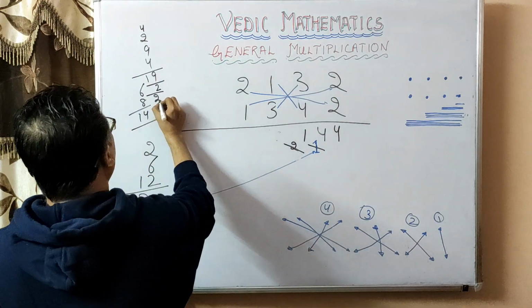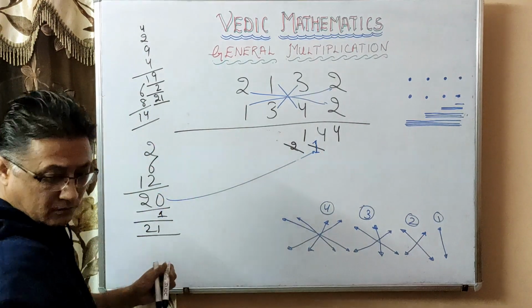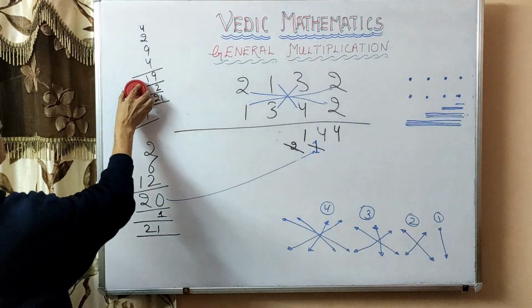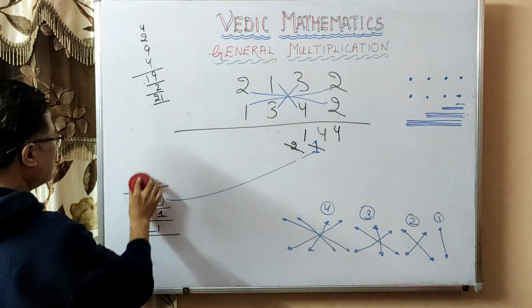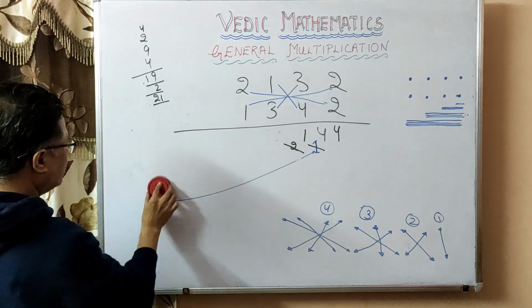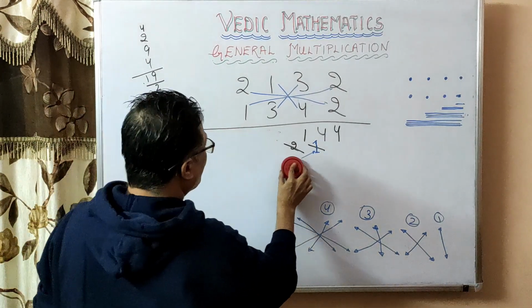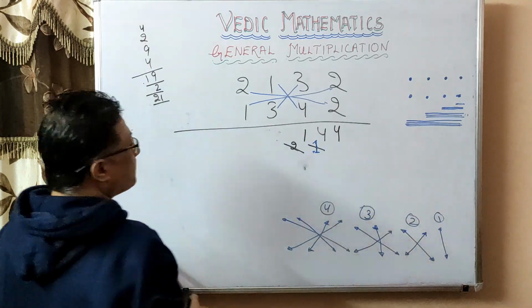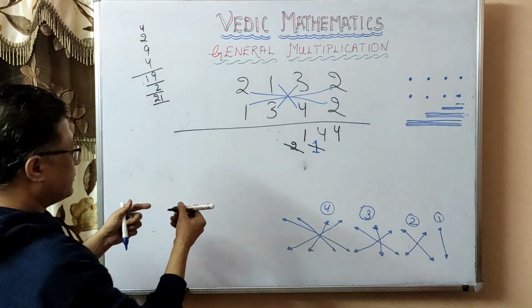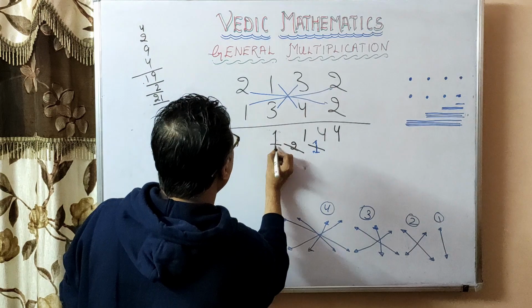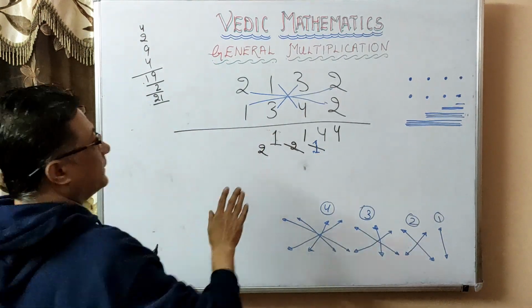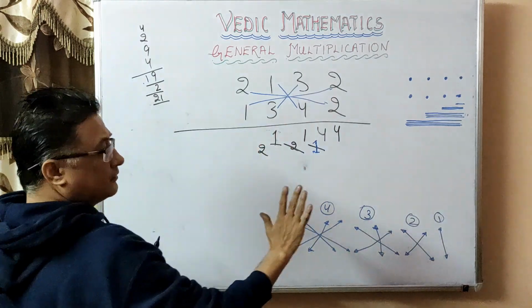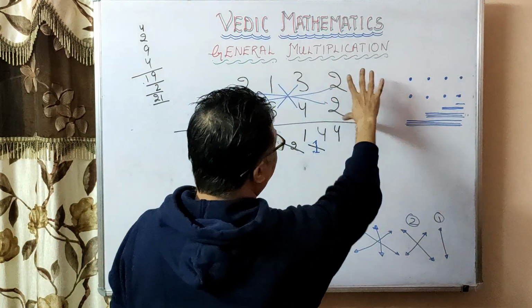This is 21. So this is my calculation for this step. So we have 21. Now, I'll write 1 over here and write 2 over here. So now this completes our step 4.